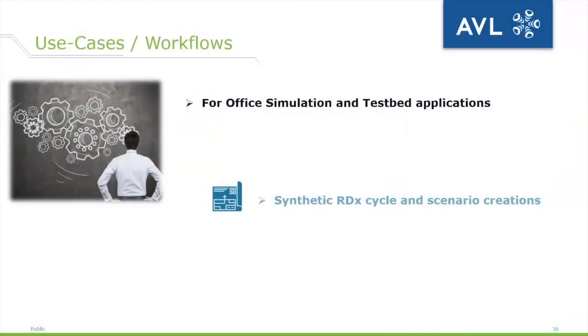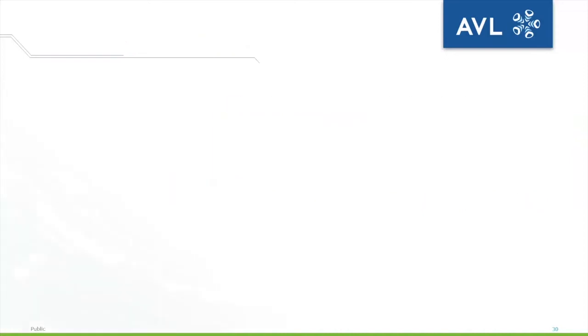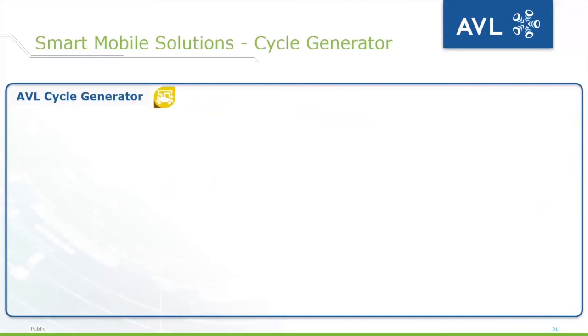So if we have a look now at the second workflow, where we don't have real measurement data, let's say we are really early in the vehicle development, or we just want to generate our own scenarios and synthetic RDE cycles to simulate worst case conditions, how does the solution look here? For this case, we have the AVL Cycle Generator, where you can simulate and create your own RDE cycles. So how to do this?